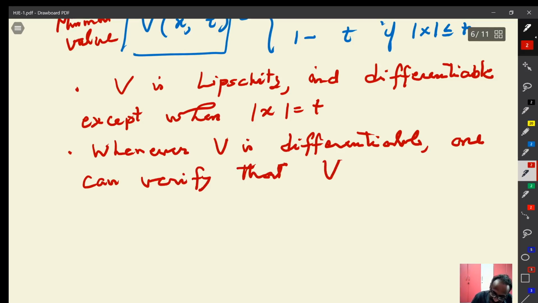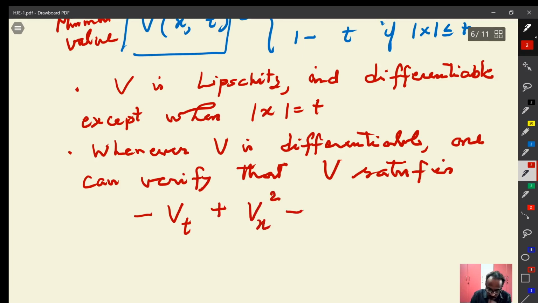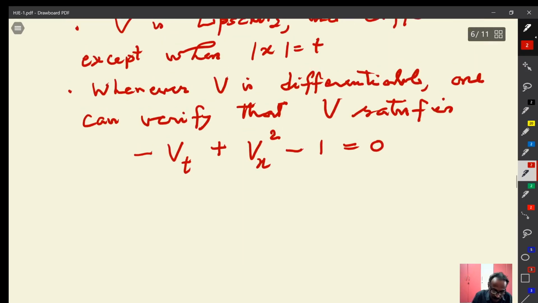V satisfies a Hamilton-Jacobi equation, let me not call it a Hamilton-Jacobi equation, V_t plus V_x squared minus 1 is equal to 0, and it also satisfies the boundary and initial conditions.